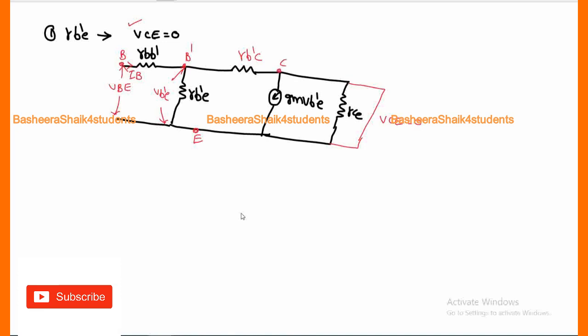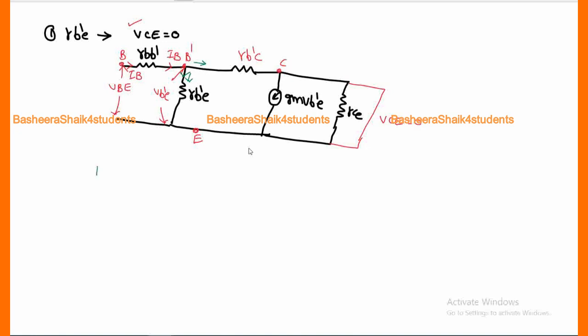Now the current flowing in the input circuitry is IB, and this IB can flow in two paths. Some amount of current will flow in rb'e and the remaining current will flow in rb'c.